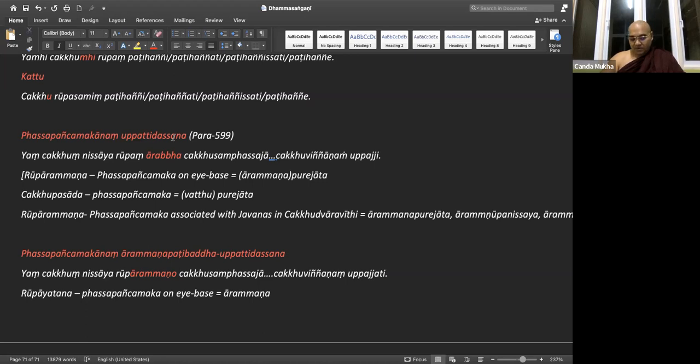Three possible conditions are there: Aramana, predominant object, and decisive object. But when we see the word Aramana only, or Idamaruparamano and so on, it is only Aramana, or Aramana Purejata.